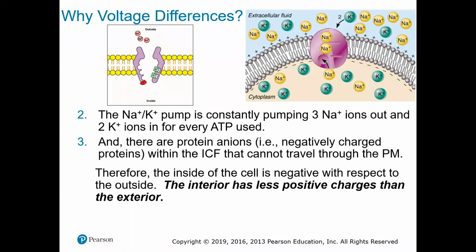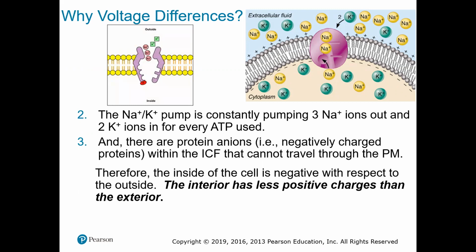We want to keep it high sodium outside and somewhat high potassium on the inside. And that keeps a positive charge outside and a negative charge inside the cell. And we are polarized. We have a positive outside, a negative inside.